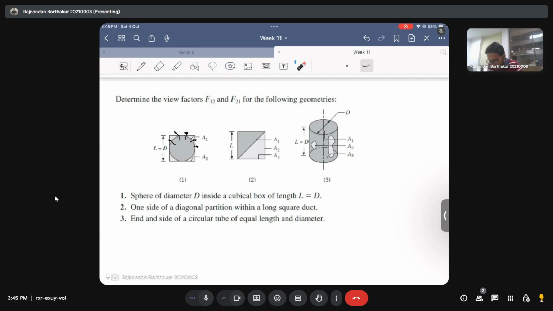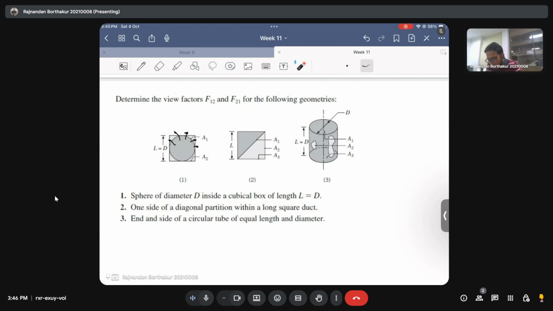In the first case, there is a sphere of diameter d inside a cubical box of L equal to d, where the length of the cubical box is equal to the diameter. In this scenario, we need to find the view factor f12.